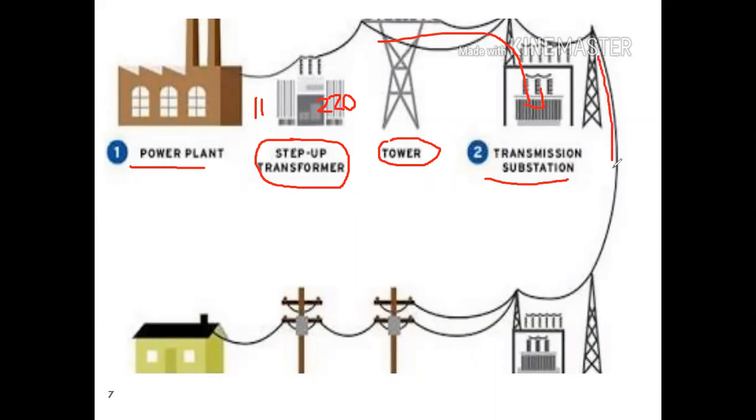Then the supply is transmitted to the distribution substation. This is called a distribution substation. These distribution substations convert the 66 kV supply to the 11 kV supply. Then this supply is transmitted by the transmission line, and a transformer converts the 11 kV supply to 440 volt, and then the single phase supply comes to our home.